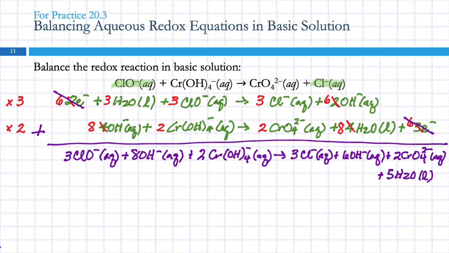I subtracted 3 water molecules. It's still balanced because I did the same thing to both sides. What else is showing up on both sides? Hydroxide. I've got 6 of them here and 8 of them there. So I could subtract 6 from both sides.